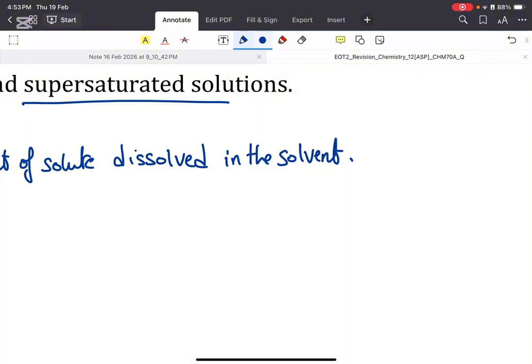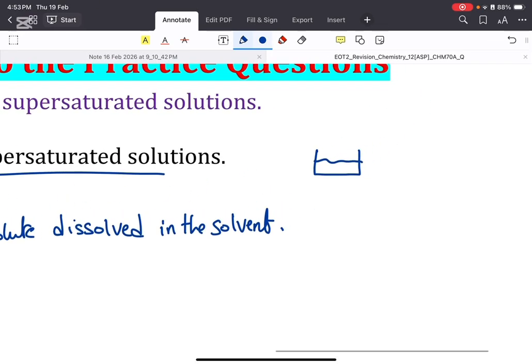Now, how do I know that a solution is saturated? If I have a cup with water, I will not see anything because all the solute is dissolved. How do I know that this solution is saturated? If I add more solute, the solute is gonna deposit at the bottom, showing that it cannot take any additional solute to dissolve it.